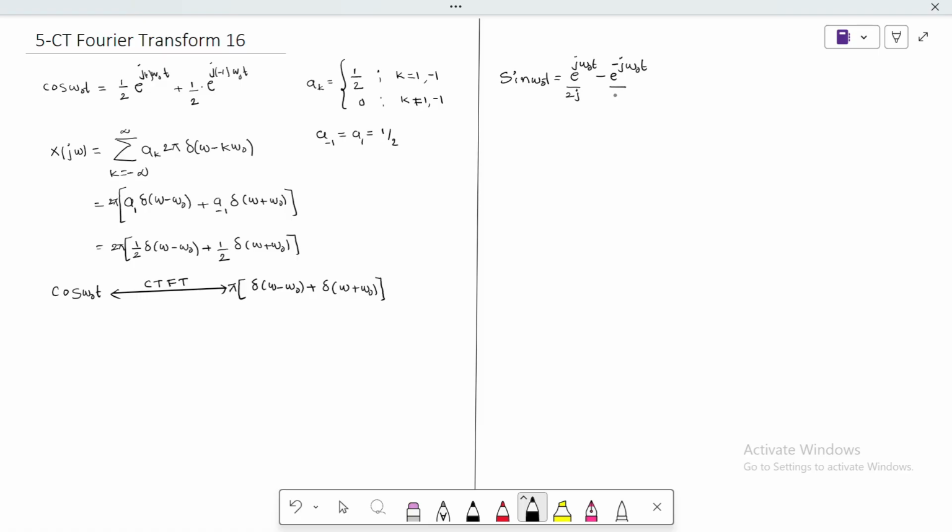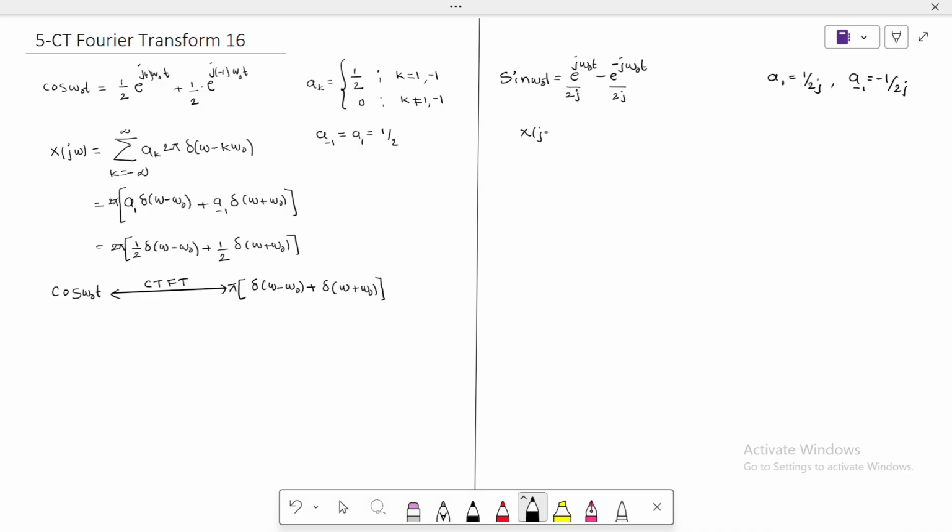Here it is 2j and 2j, so this is k equal to 1 and k equal to minus 1, but the signs are different, here positive, here negative. So a1 equals 1 by 2j and a minus 1 equals minus 1 by 2j. These are the Fourier coefficient values.